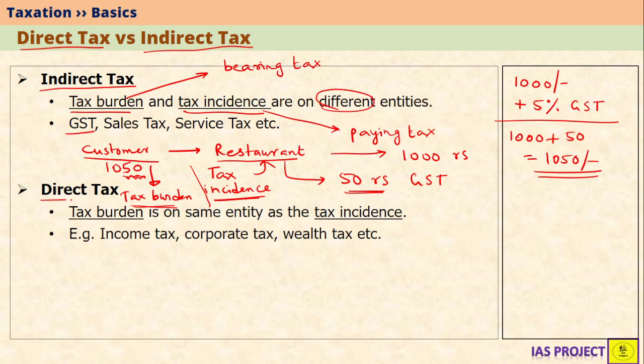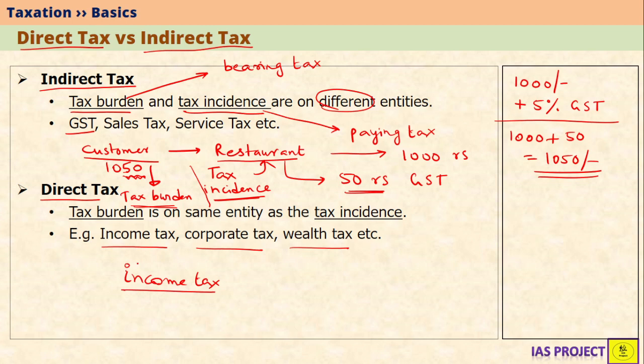Now, let's talk about direct tax. Direct tax is such tax where tax burden as well as tax incidence is on the same entity. For example, direct taxes are income tax, corporate tax, wealth tax. Again, for example, you are an employee. If you are earning some income, then income tax will be cut from your account or your salary, and it will be credited to the government.